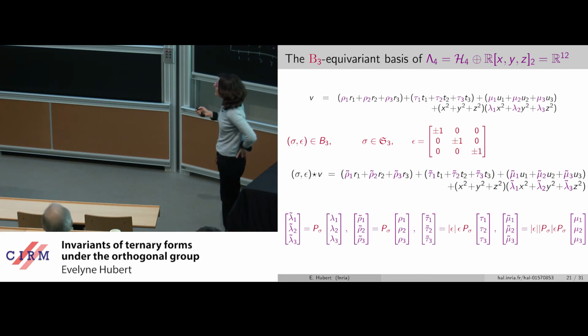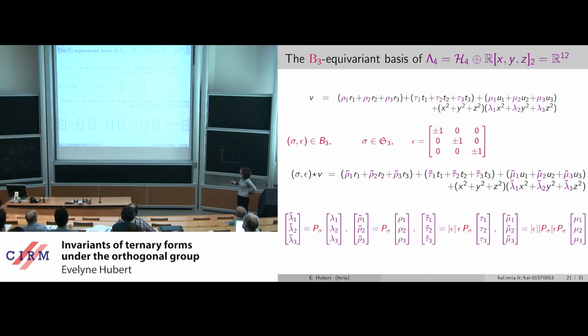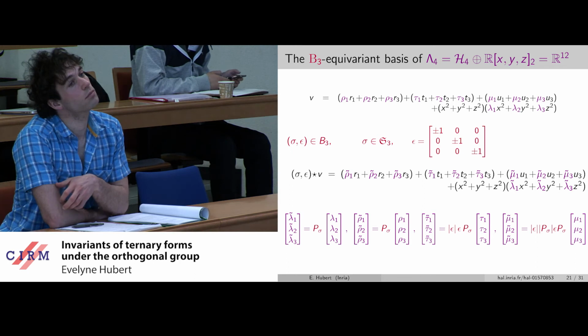And I'm acting on this polynomial with an element of B3, which is a sigma, which is a permutation, and psi, which is this matrix, which is a sign change. This action will produce a polynomial with coefficients rho tilde, tau tilde, mu tilde, and the relation between the tilde variables and the non-tilde variables is given by these changes.